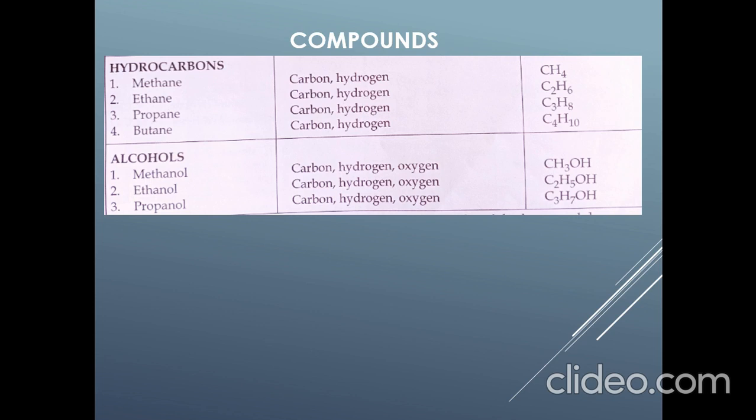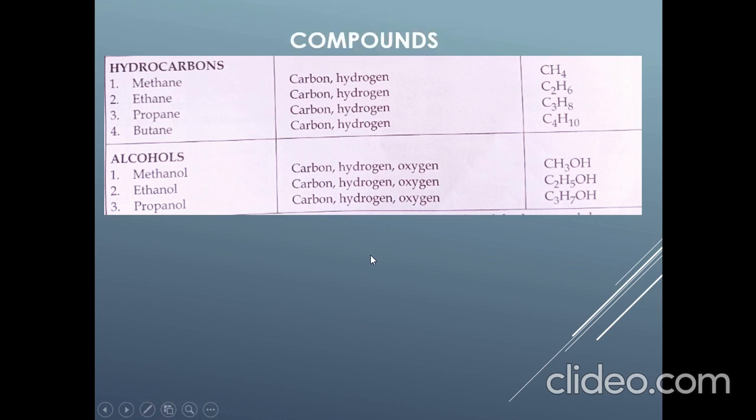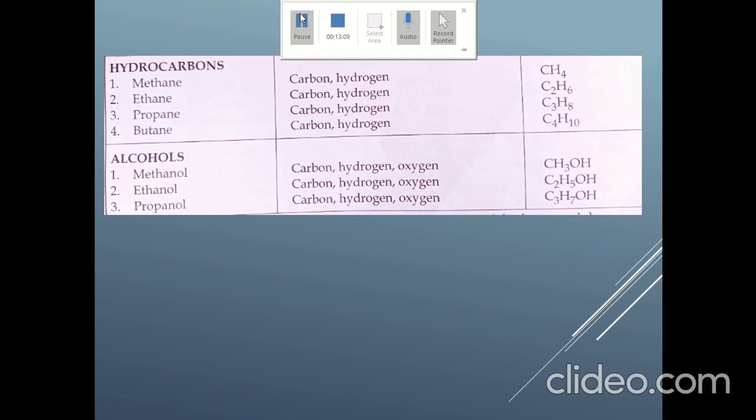Propanol, carbon, hydrogen, oxygen, C3H7OH, which is also called as propyl alcohol. So these are the list of hydrocarbons and alcohols. You should learn the formulas thoroughly. It is given on page number 5 of your textbook.